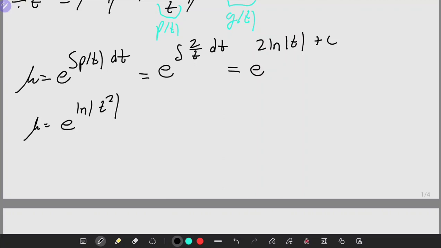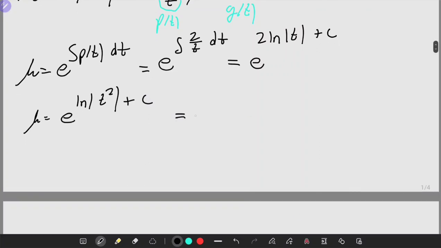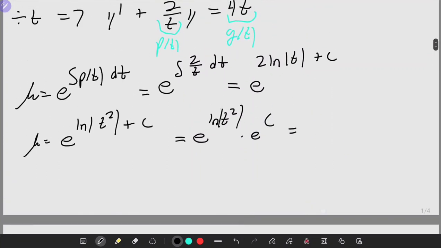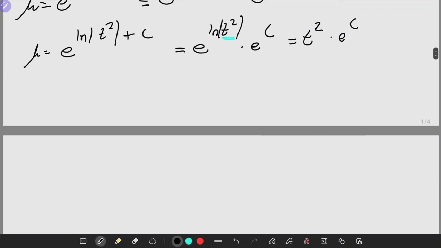So it becomes ln t squared. It's one of the log rules. And we still have that plus c. So now we can rewrite this as e to the ln absolute value t squared times e to the c. Any time there's a natural log exponentiated, we can just rewrite it as this. So we have t squared times e to the c.